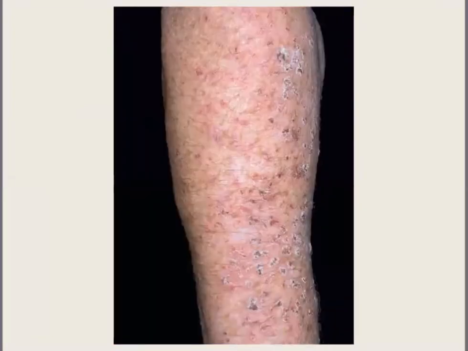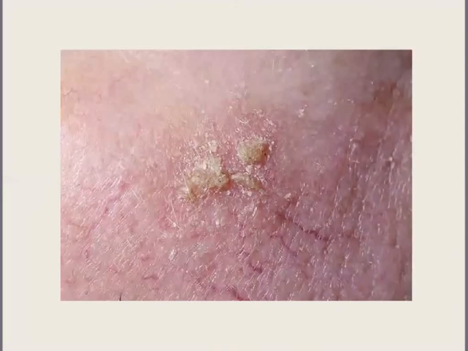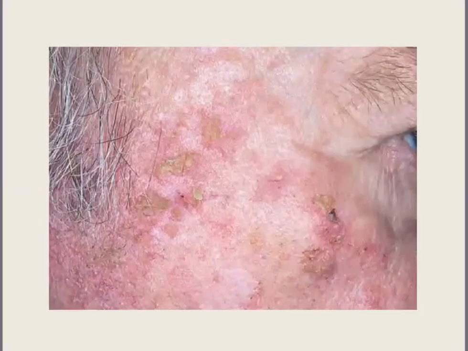Okay. Multiple AKs. تشوفون rough skin, شويه الجلد خشن ينحس احسن ما ينشاف. والسكيل sharp, yellowish, adherent. AK actinic keratosis. Multiple lesions on the face of this elderly male.